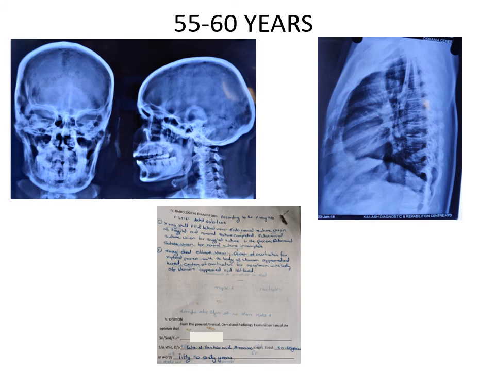So this is also one more. Here you can see some are fused, some are not, but the shadows of the ribs are hampering the view a little bit. Still you can appreciate the manubriosternum with the body, which is fused.